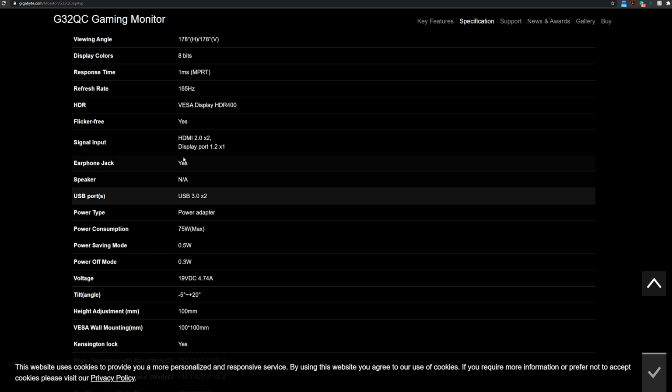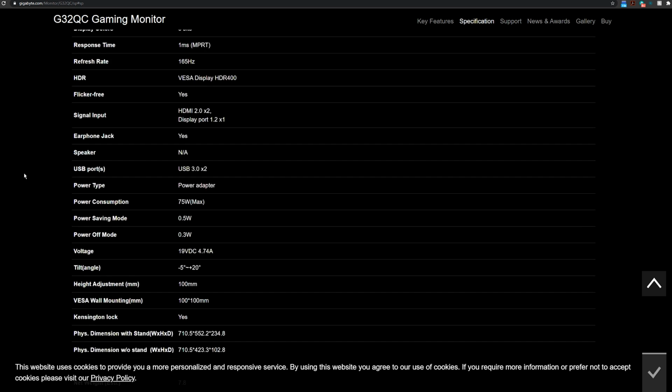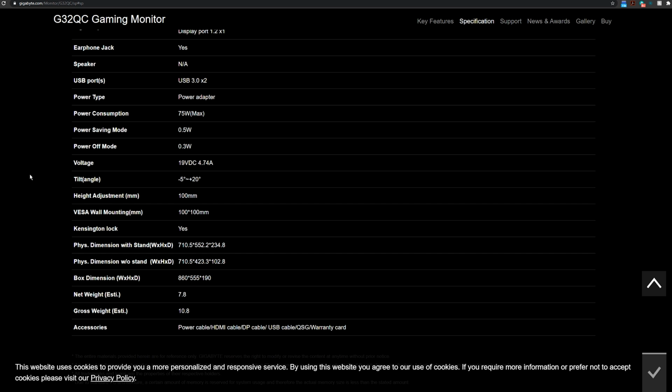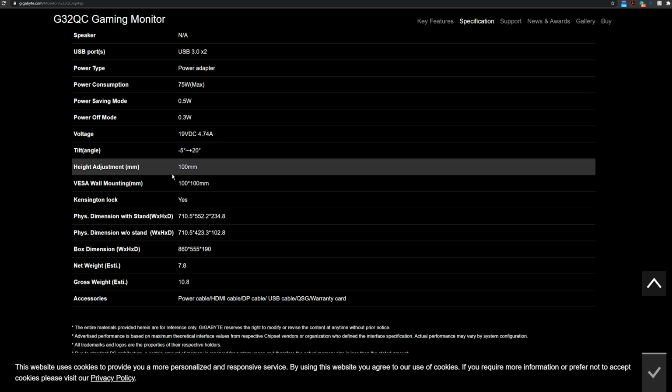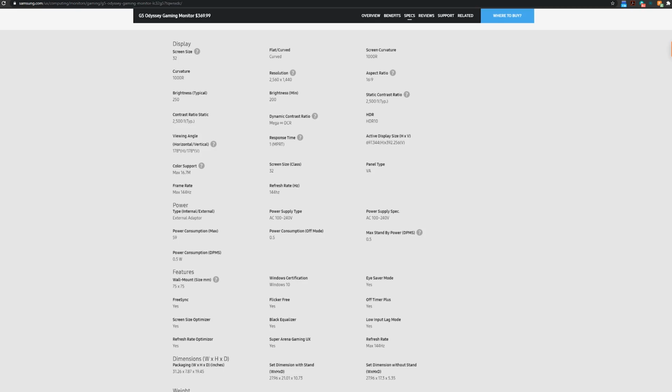Earphone jack, they're both going to have that. They do have HDMI 2.0. This one has 2 ports where the Samsung only has the one. And does it tell me height adjustment 100 millimeters? This is VESA mountable 100 millimeters by 100 millimeters.